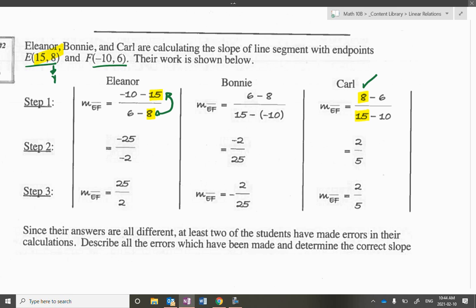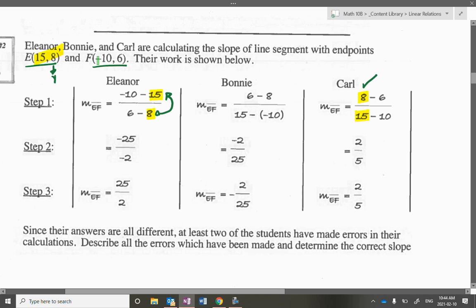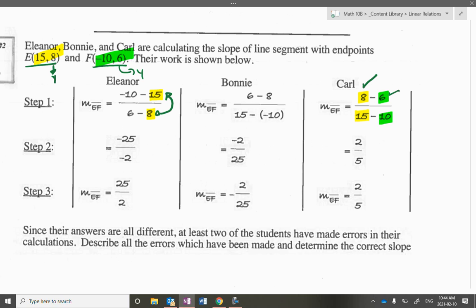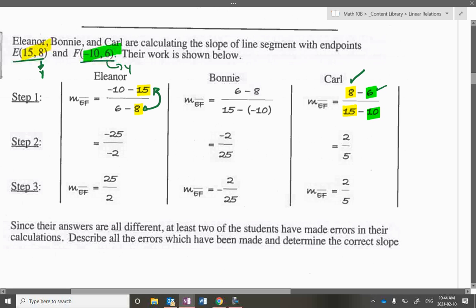Then let's check with F. So -10 and 6 match up. 6 is our y, and 6 was up top, so that's also good. However, notice, we have 8 minus 6, which is good, 15 minus 10.